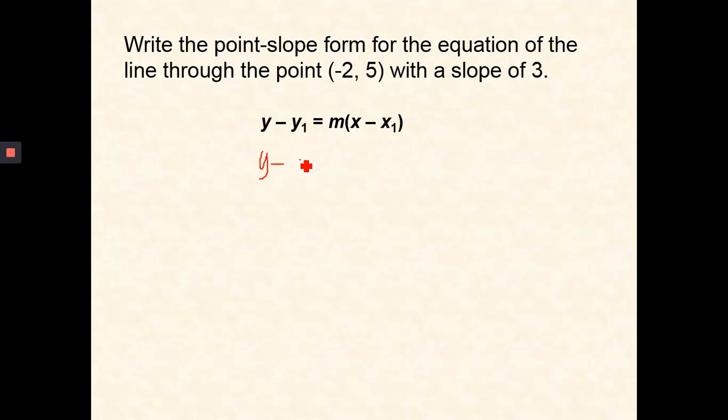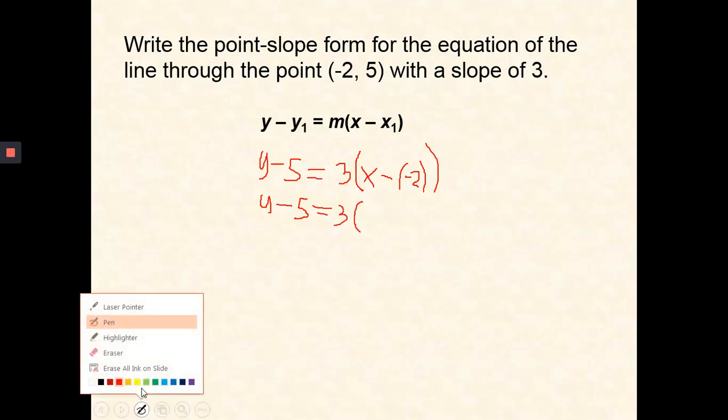It is 5. Equals, your m is 3, multiplied by x, and what is your x sub 1? -2. So you're going to enclose it, -2. Okay? So you now have y minus 5 equals 3.